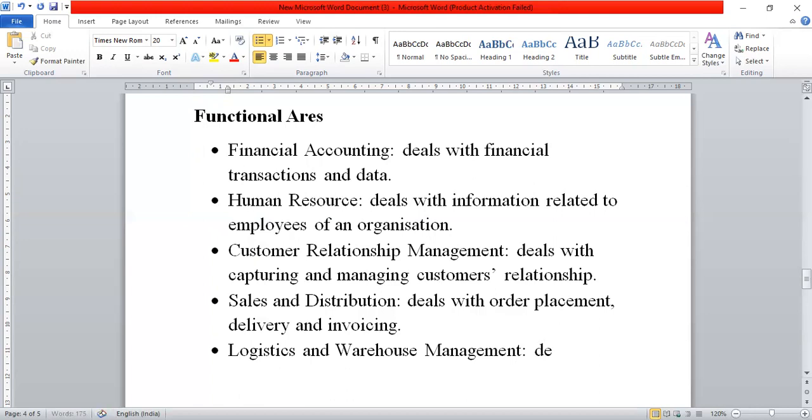This function deals with storage of products and shipment.